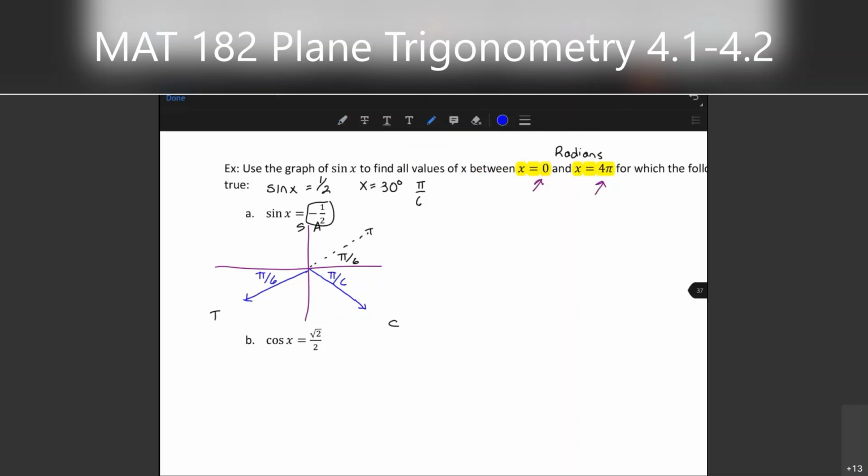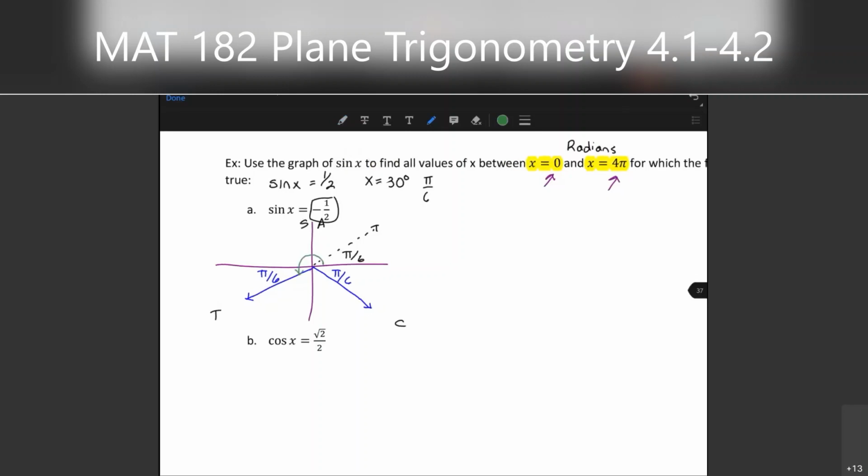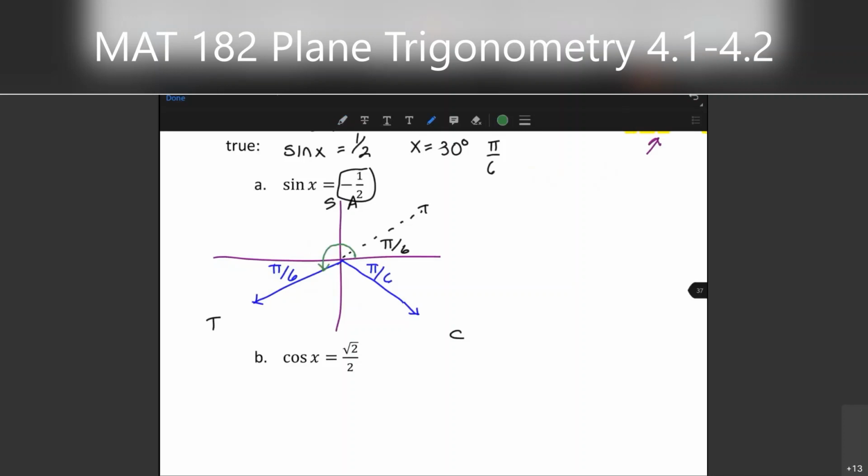Excellent. Now we want to determine what two angles that we just drew in blue are. Let's start with the first one in the third quadrant. If I wrap this around, that green angle that formed in the third quadrant is pi units all the way down to the x-axis. That would be 210 degrees, or how would we represent that in radians? Because we do want our final solution in radians.